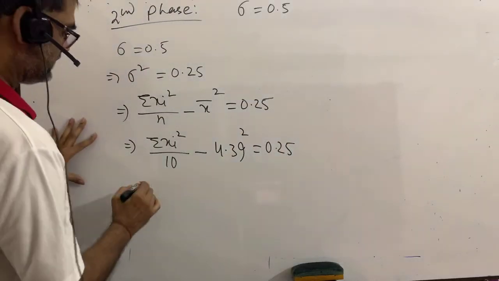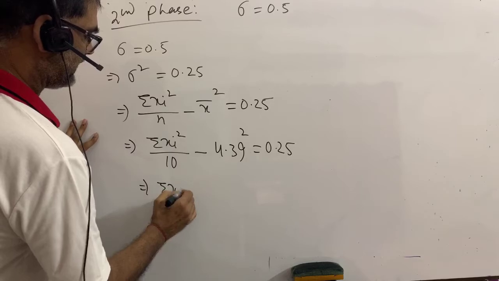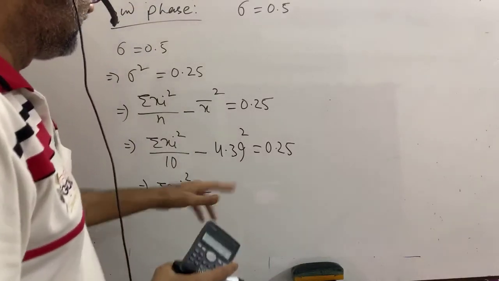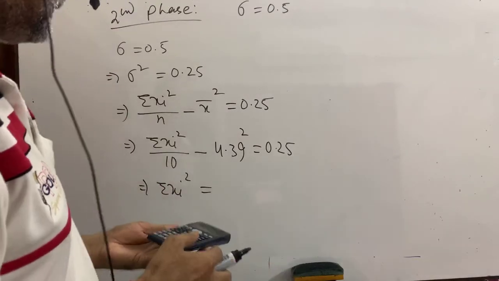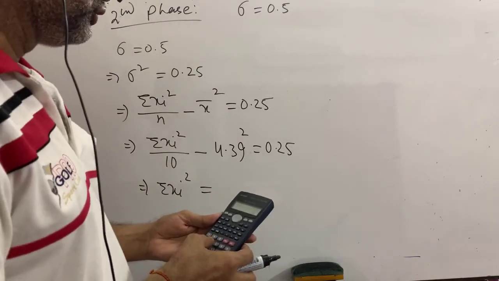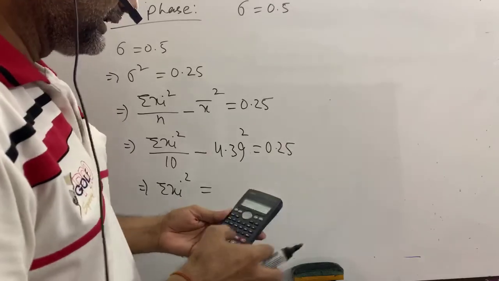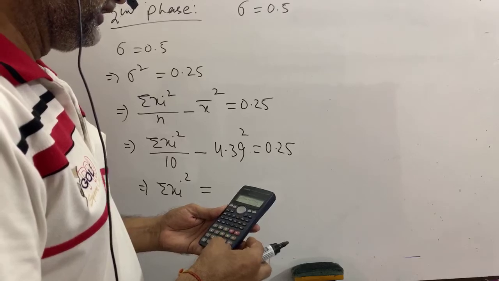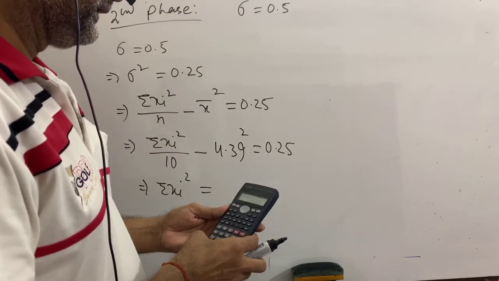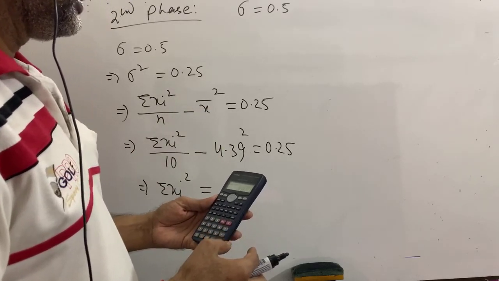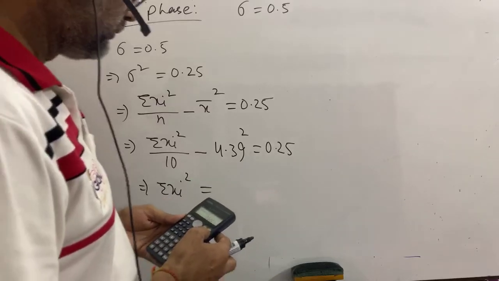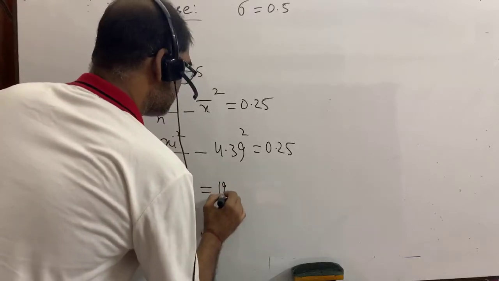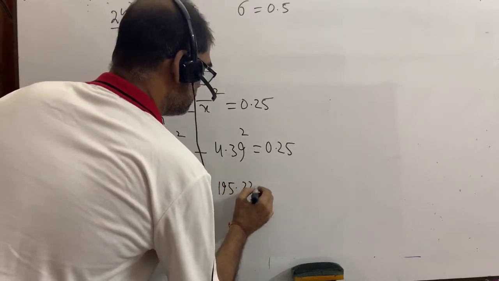Or we can write like this: summation xi square is equal to, this will be taken to the right hand side, that means 0.25 plus 4.39 square, into 10, which is 195.221.